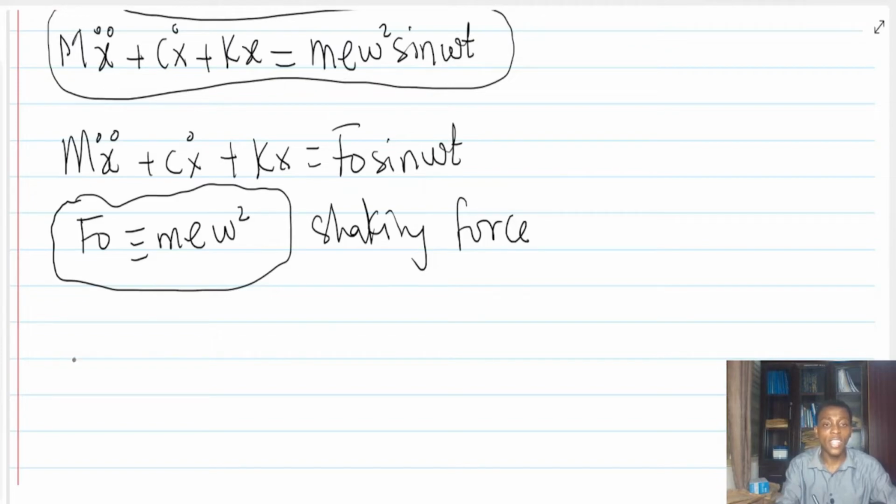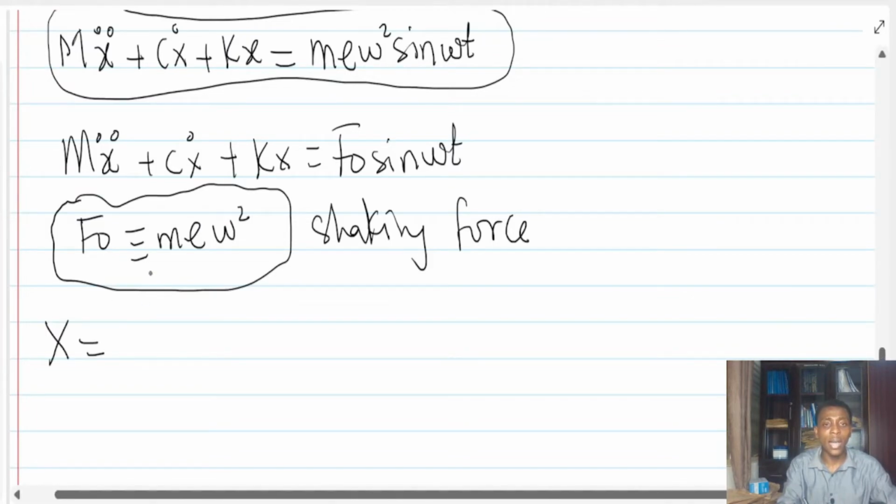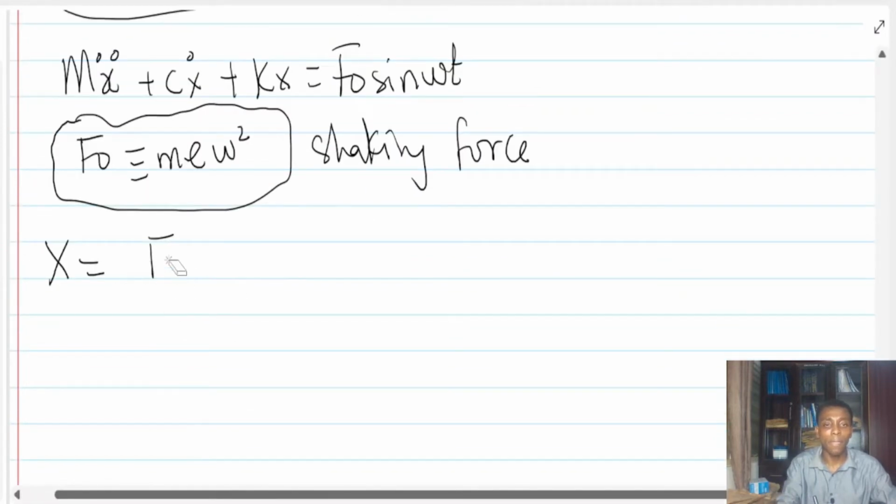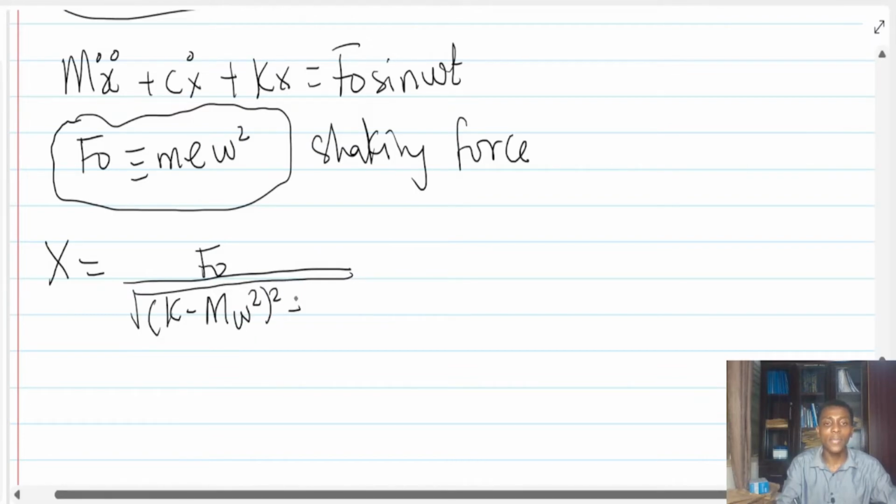For a forced damped system, again, we can show that the amplitude of vibration, which is x, is given by F naught all divided by the square root of (k minus big M omega squared) squared plus (C omega) squared.